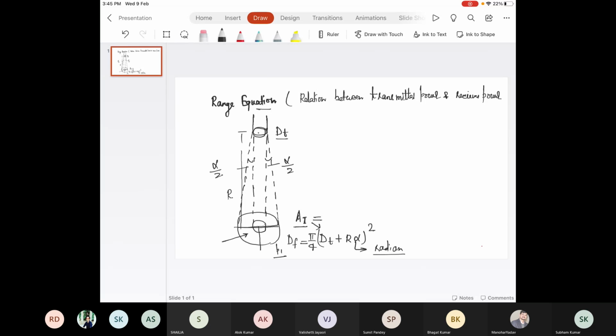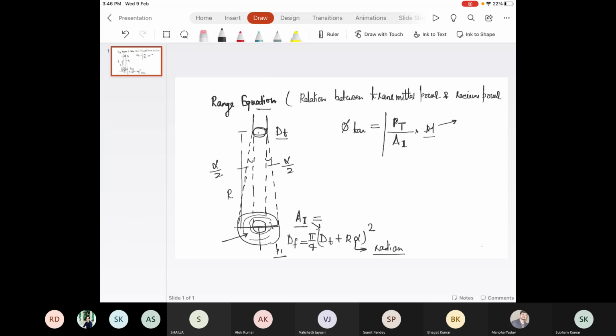Now we calculate the power density within area A_I. What will be the power density? It is given by phi target. The power density is equal to P_T, the total power within the transmitted laser pulse, divided by the total illuminating area A_I. So how much power is striking within this area A_I? P_T by A_I is the power per unit area, multiplied by M. M is the atmospheric transmission.